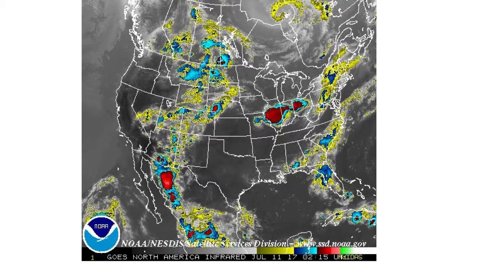Then you can see Illinois, where a big red patch above Illinois will mean heavy rain or heavy clouds with lots of moisture.